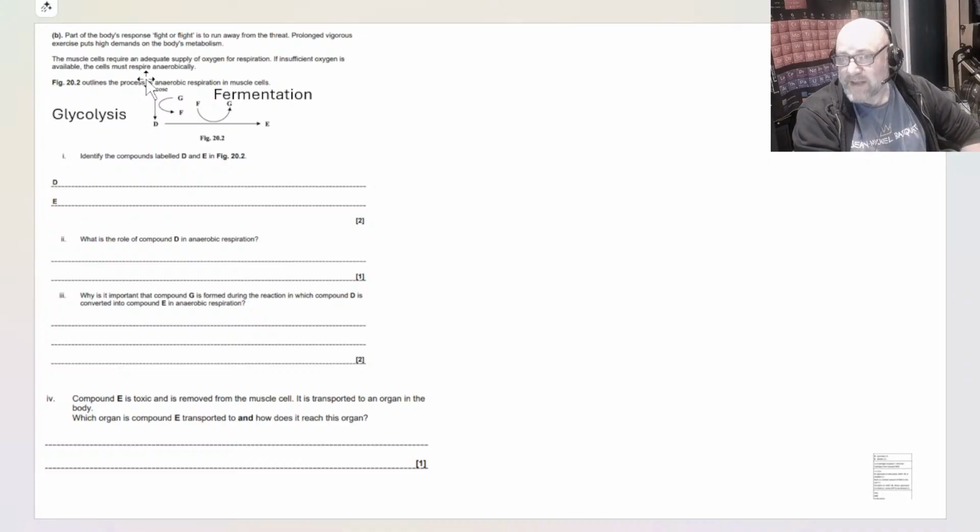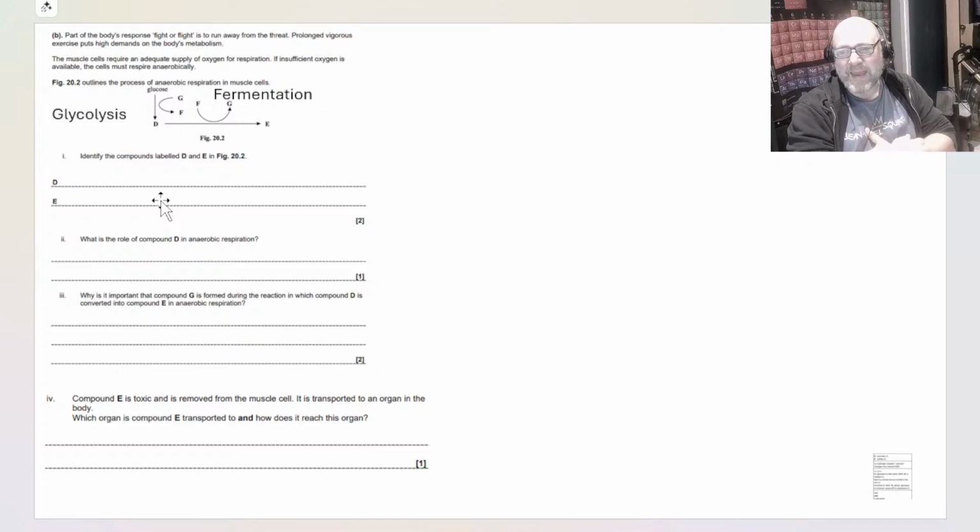Now, if they're doing it like that as two overall mechanisms, then that is glucose, that is pyruvate, and G to F is NAD to NADH. So we go NAD to reduced NAD, and then of course the reduced NAD gets turned back into NAD to allow glycolysis to continue, in which case identify compounds D and E. This is pyruvate, and E is going to be, is it in the muscles?